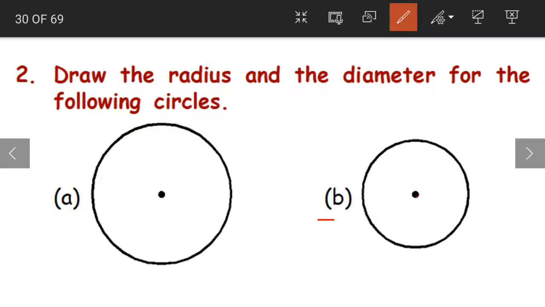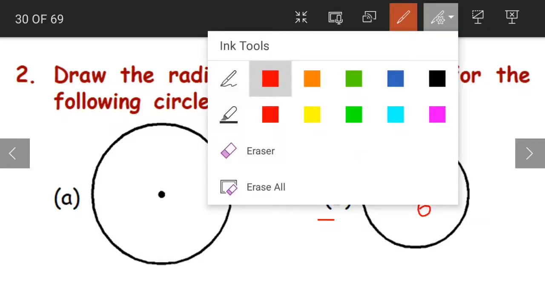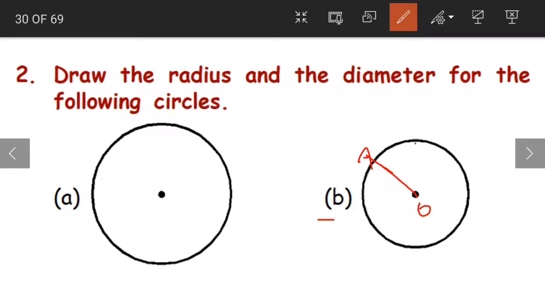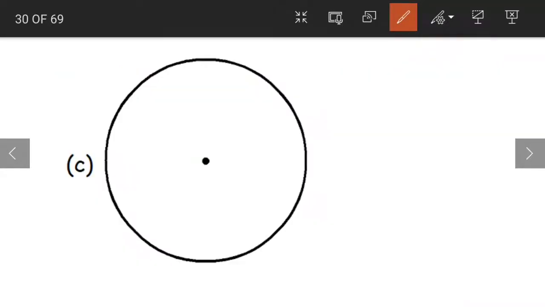Now coming to circle B, again radius, we can draw the radius like this, center O, point A. So OA becomes the radius. Now coming to diameter, we will draw it exactly in the middle, BC becomes the diameter. I hope this is clear.